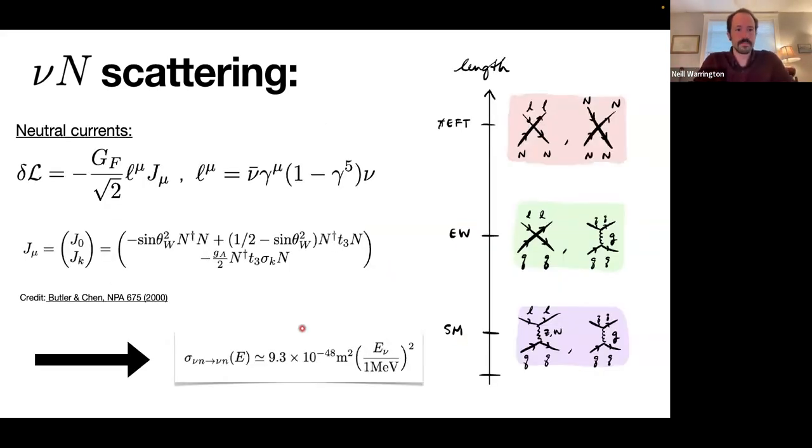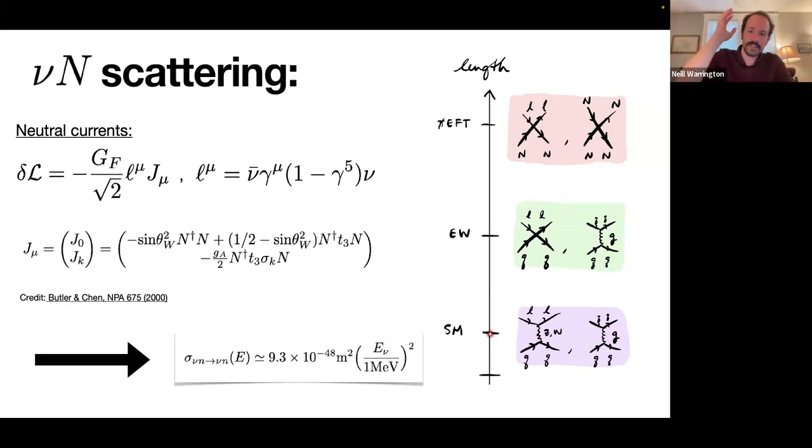Okay, to capture the neutral current scattering process between neutrinos and nucleons at low energy, it's helpful to use effective field theory techniques. So here's your typical effective field theory plot. Length goes up, so this is super microscopic physics down here, getting to larger and larger distance scales, more and more zoomed out.